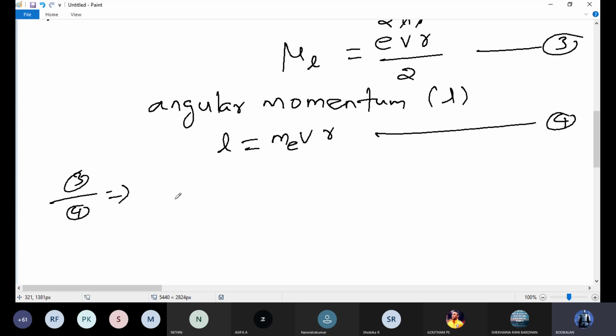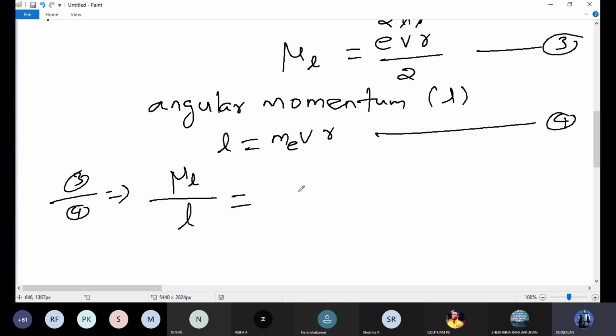That is orbital magnetic moment mu L, please write the subscript L properly, divided by L. L means angular momentum.